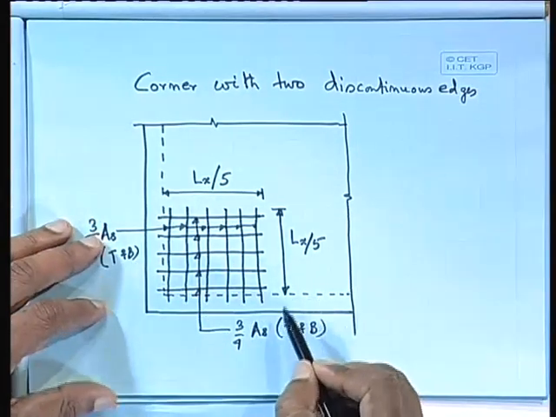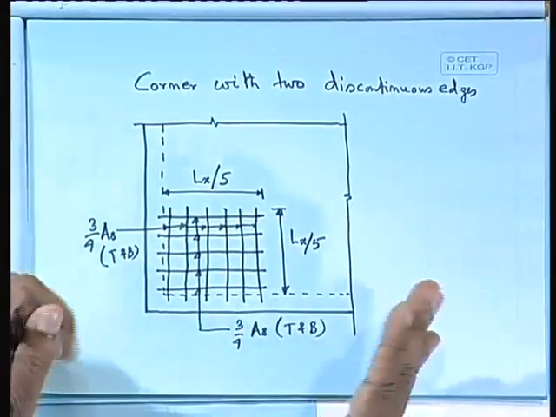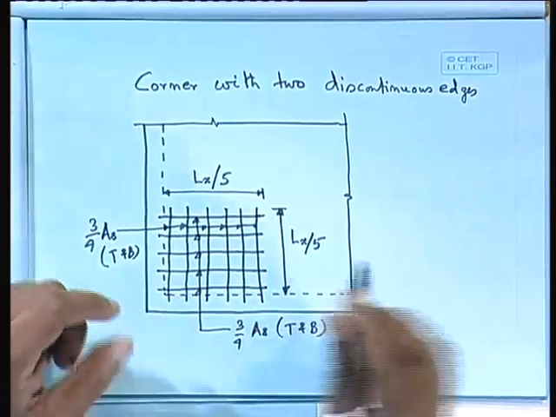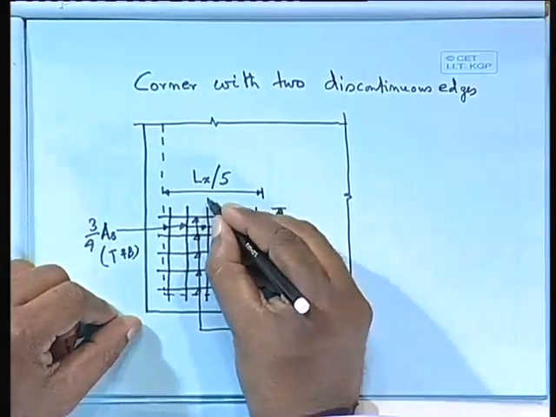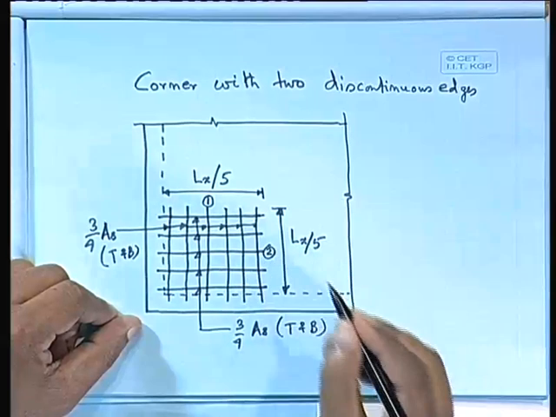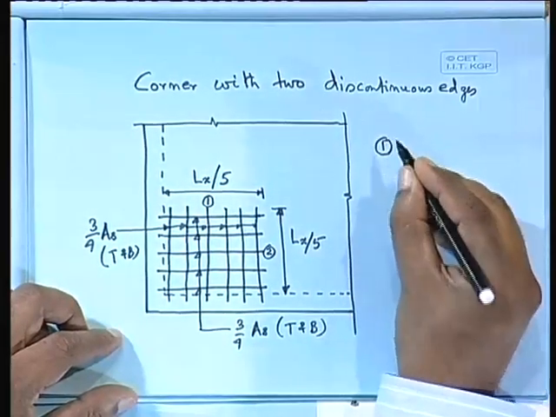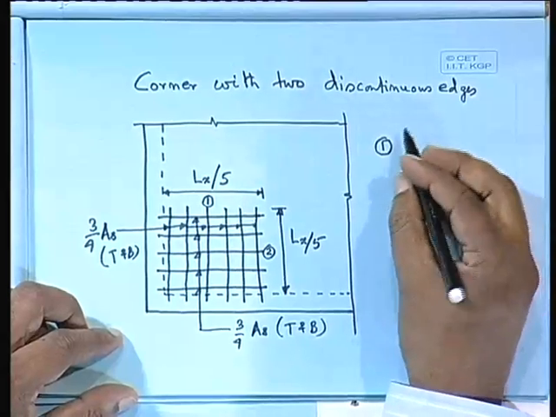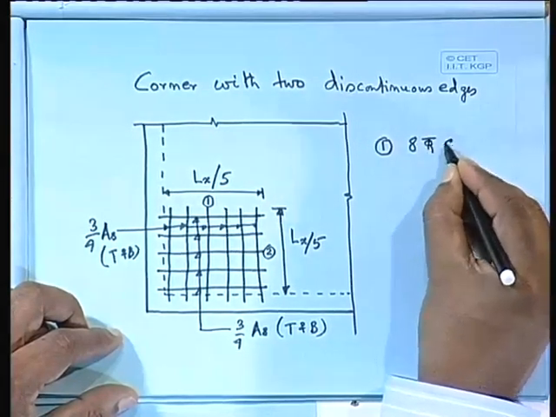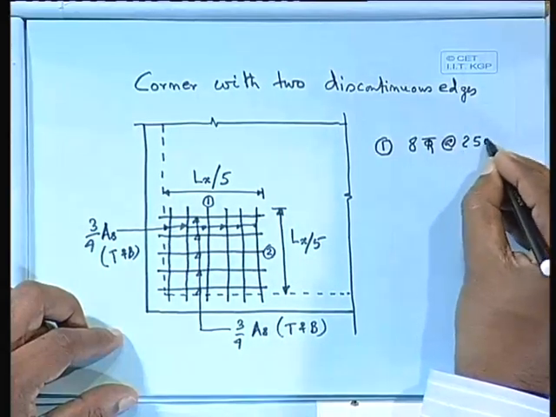Generally, what we do for detailing, we mark those bars, because wherever we have this, it may be crowded. So we simply provide this as 1 and this one we could say 2. Now what we shall specify here for 1 is the bar number, and maybe we are providing 8 tor at the rate of 250 center to center.